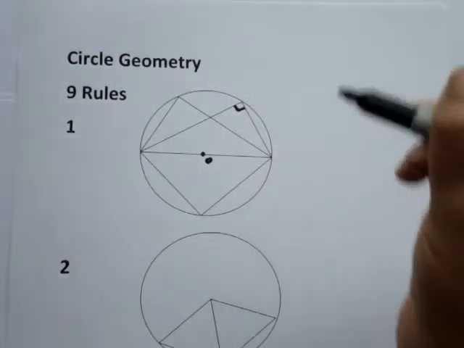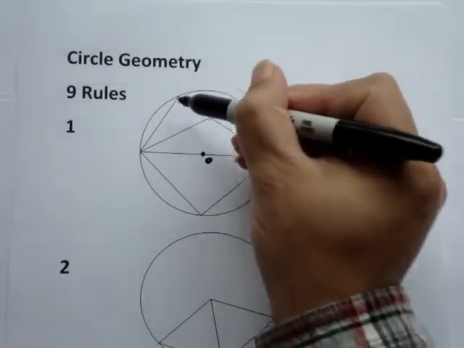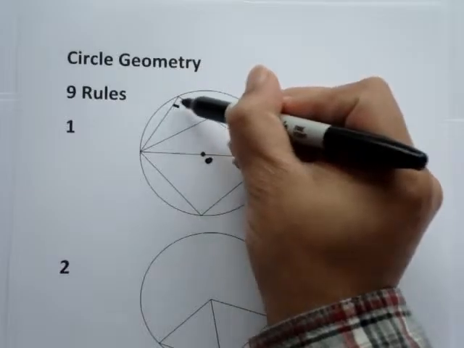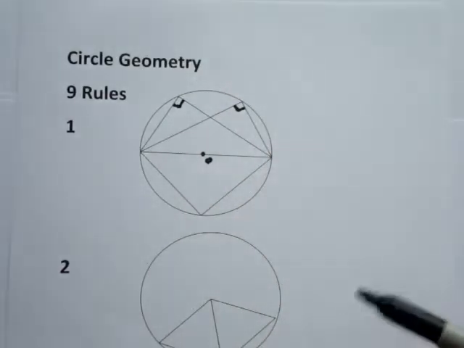So that will be a right angle. And similarly, if we draw another triangle, that will be a right angle.